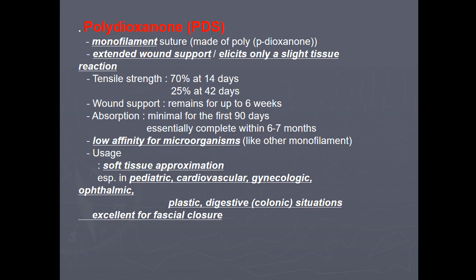Absorption is completed in 6 to 7 months. It has low affinity for microorganisms. It is used for soft tissue approximation, especially in pediatric, cardiovascular, gynecological, or ophthalmic surgery. Again, it can be used for suturing the rectus sheath in a case of laparotomy.